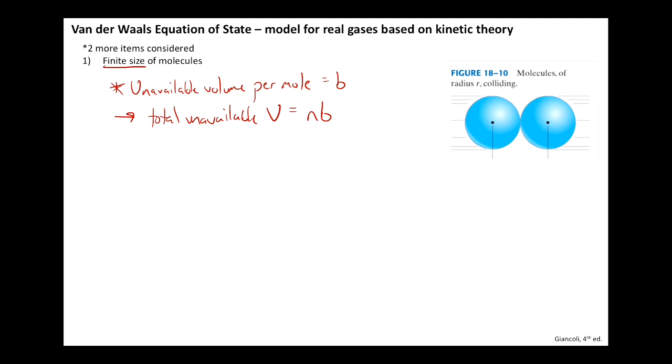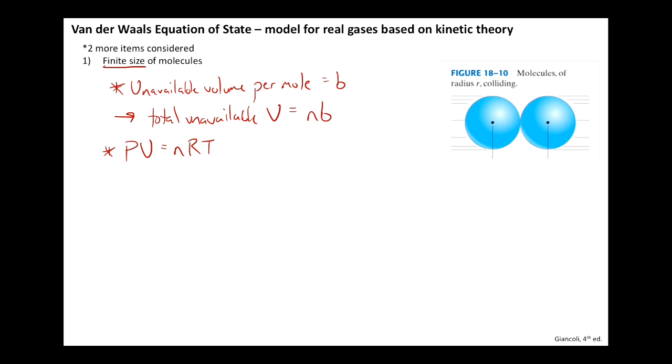Okay? I think it makes sense that we have some sort of term for that, right? It's completely unrealistic to think that molecules take up 0 volume at all. And as I get more and more of them in there, higher densities, well, it's taking up perhaps a lot of the volume in which they can move around. So what we need to do is this. We need to start with the ideal gas law and make a little change. That volume is not the volume that's available.